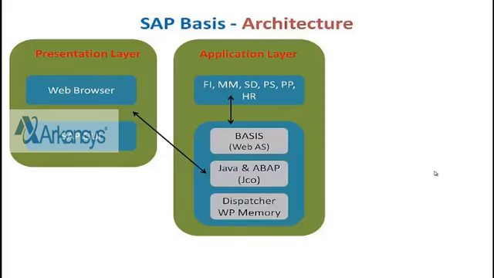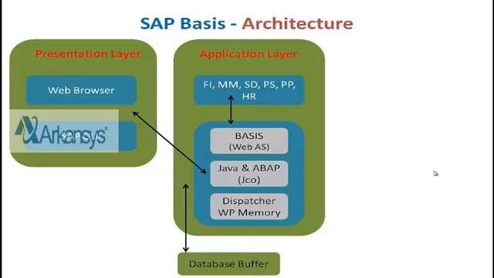When I use a T code, the SAP application server has to check whether I am authorized to do that transaction. So when I log in, authentication is checked. When I execute a transaction, authorization is checked.